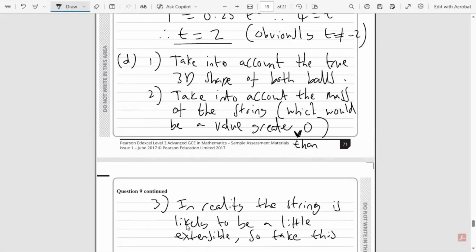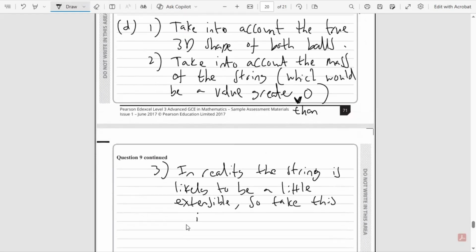Now, if the string is extensible, we did talk about this earlier in the video. If the string is extensible, it means that the accelerations of the 2 particles will be different. That is because now the string has a different length, because if you can extend the string, that means the distance of the string will be changing.